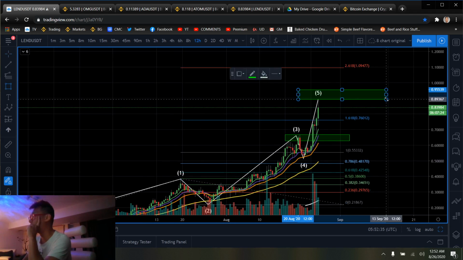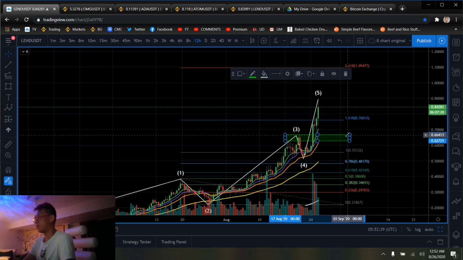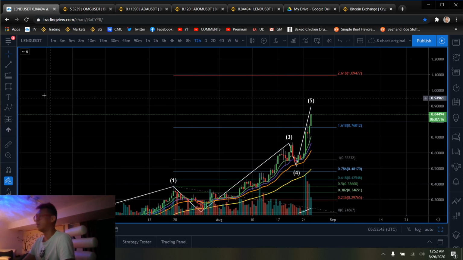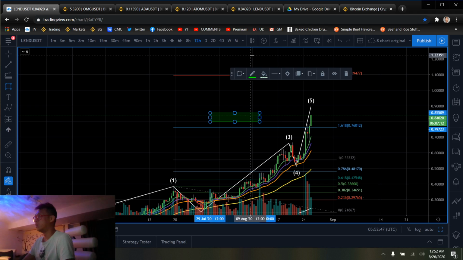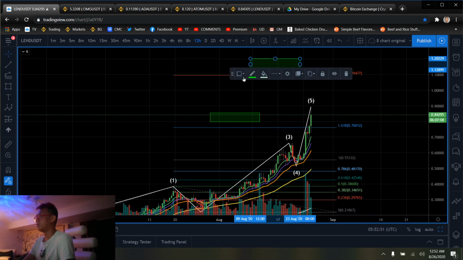Something like that, right? Sometimes it's not always guaranteed, but it's just basic to assume that, for example, if the first one, wave 3, ended up hitting 1.618 or near there or above there, you would expect the next one to hit somewhere around that range as well, right? Does that make sense?